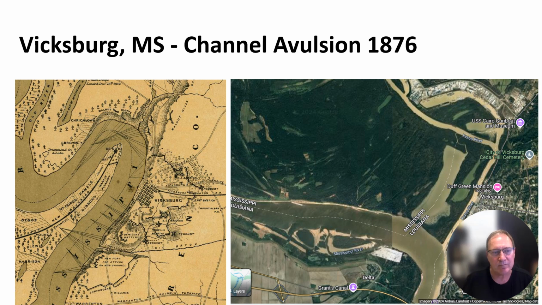Well, in the early 1870s, it was noted that water from the Mississippi River was beginning to, this area was becoming avulsed, and water was beginning to seep across to here. And then in April of 1876, there was a flood and the river changed its path, and all of this area became what is referred to as Centennial Lake, for 1876 when America was celebrating its centennial.